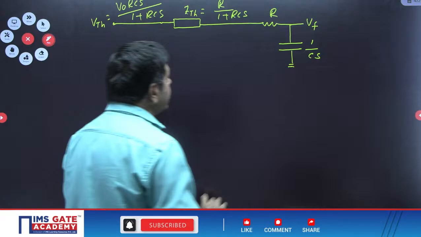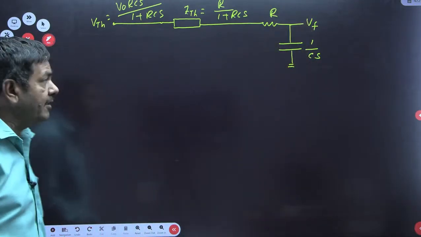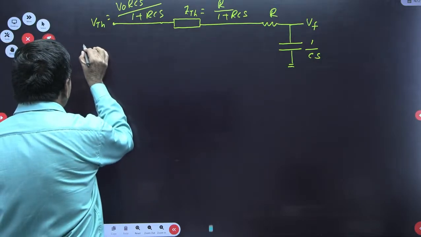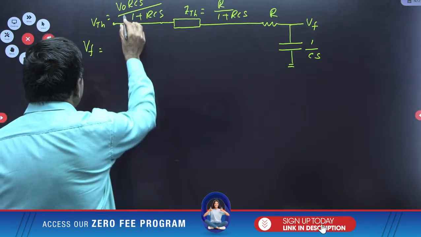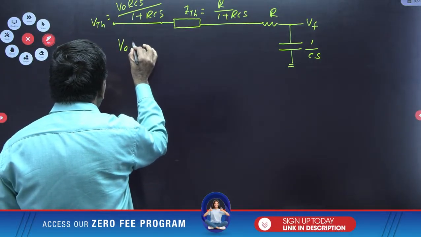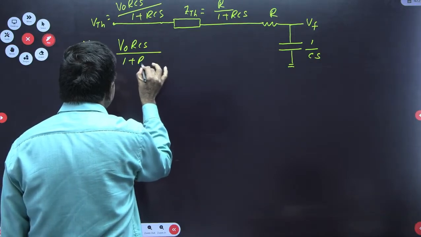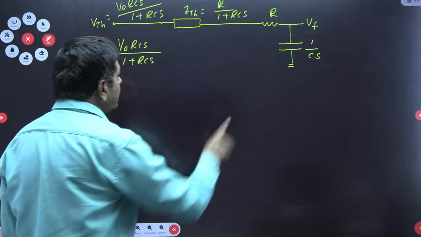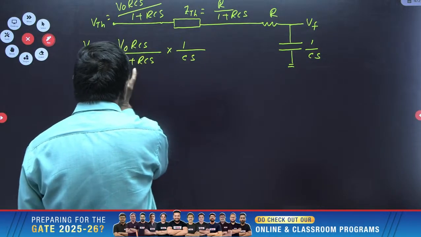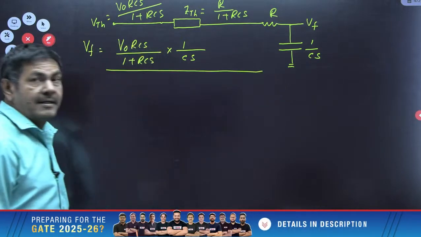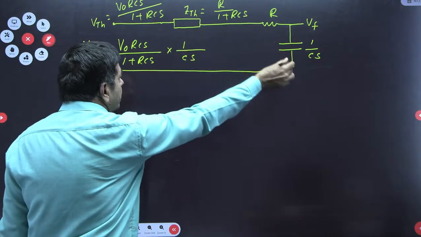By using the voltage division formula, I can find the voltage across this capacitor, 1 by CS. Voltage across 1 by CS. So VF is nothing but the supply voltage V0 RCS divided by 1 plus RCS, that into 1 by CS divided by the addition of all the impedances: ZTH plus R plus 1 by CS.